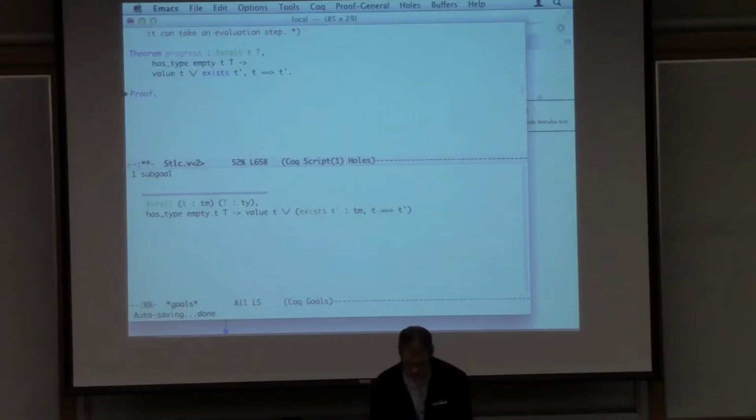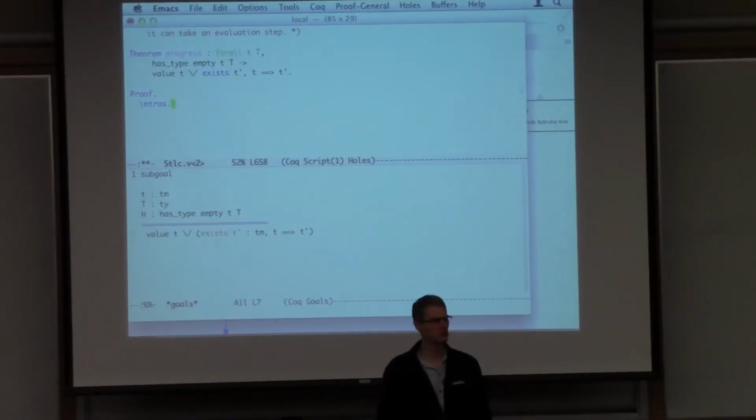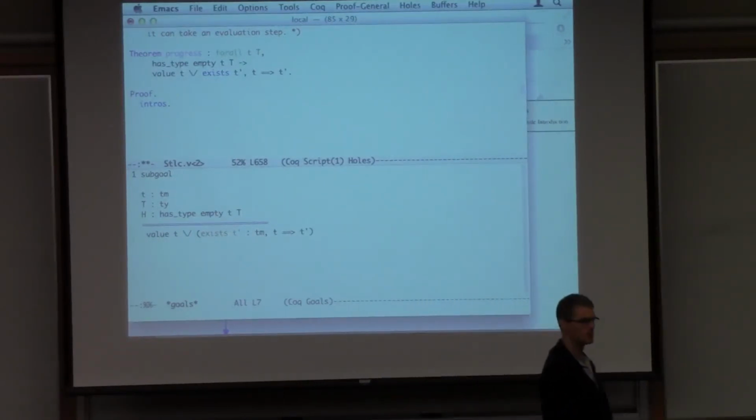So how shall we start this proof? I'll do the first step. Okay, that's my contribution. Now, how does this proof go usually, by the way, when we do it on paper?